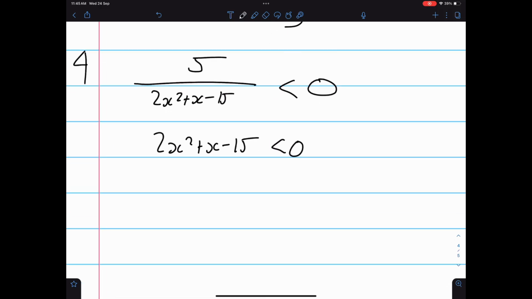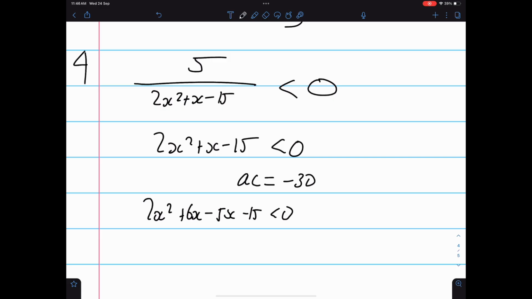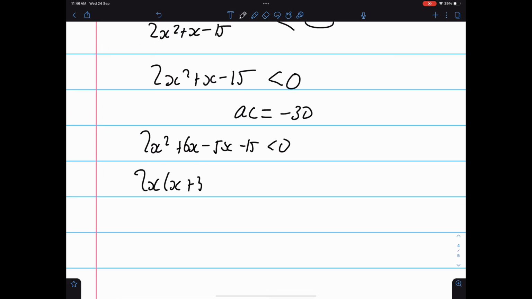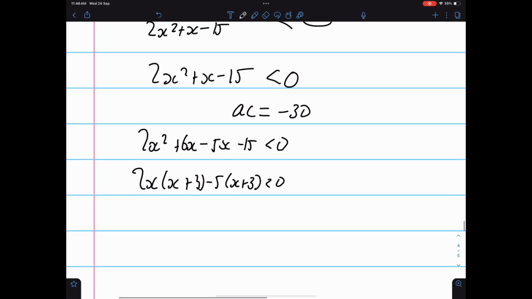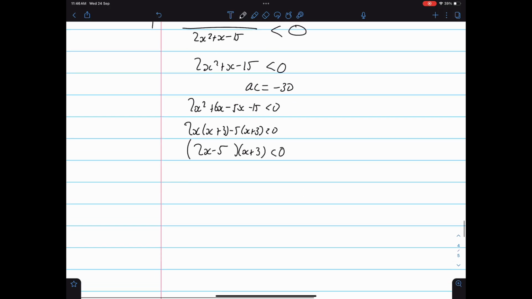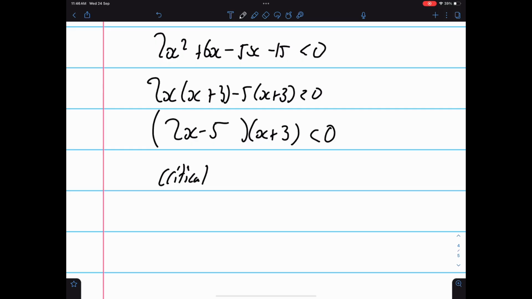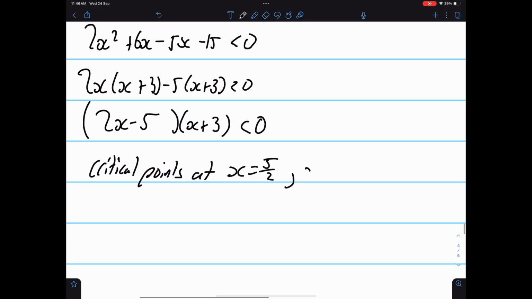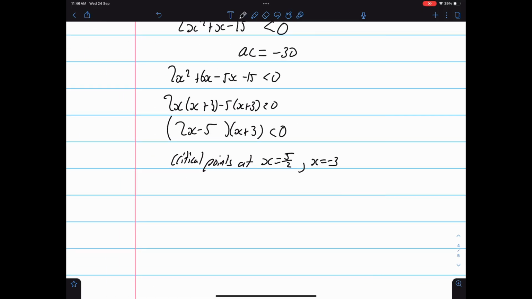So we can factorise this. And so we have critical points there, and because it's less than 0, and it's a positive quadratic, we'll go between the values.